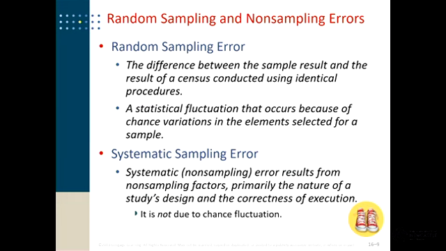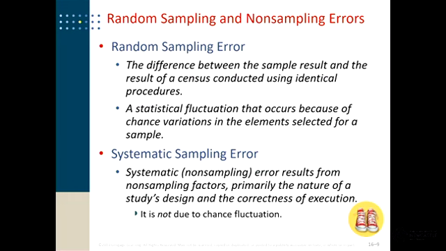Okay. So what I want to say is, when we go for sampling rather than a census, we actually incur an error. What's the error? Since we are not examining our entire population, we are only going for a sample, there is a chance that our sample doesn't truly reflect our population.